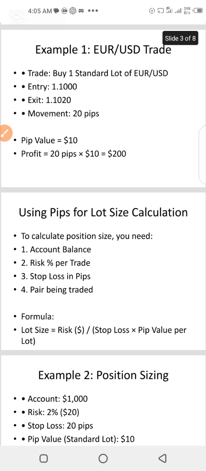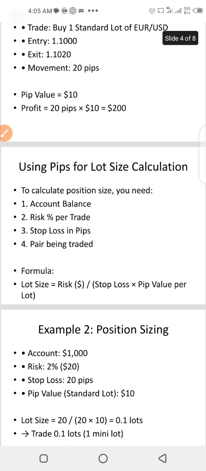So you understand this right now. When looking at it, you have to understand what it is, but when we start doing the practical, you get to understand it. Now, using pips for lot size calculation.